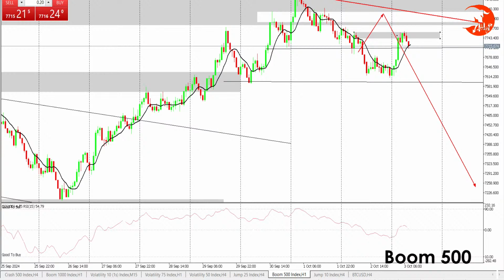It did that, and it's somehow currently in a range according to H1. The range I'm talking about is this level and that level. That is somehow the range it is in.